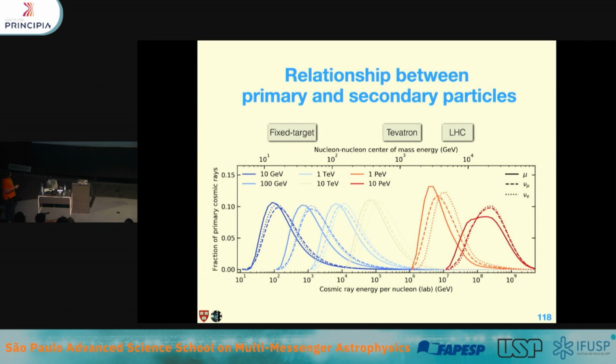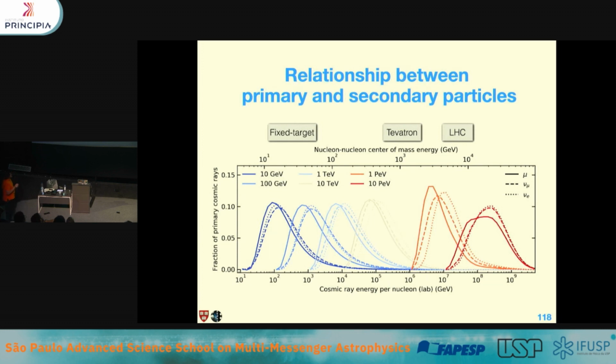Note that these distributions are quite broad. This is a linear scale on the y-axis. So a factor of between, let's say, 3 and 5 is where most of the parent cosmic rays are with respect to a neutrino. And these distributions essentially depend on particle physics.